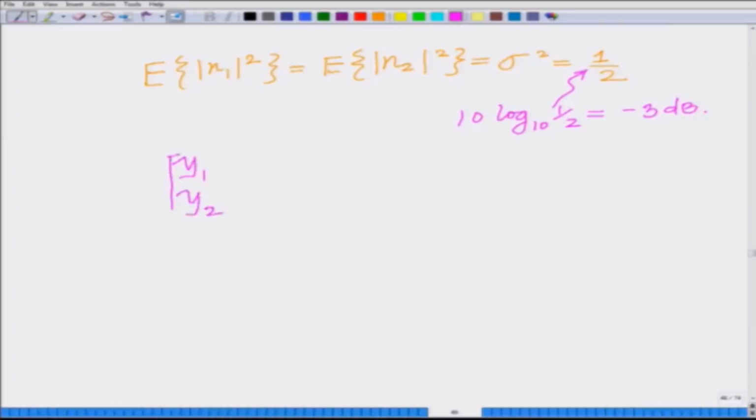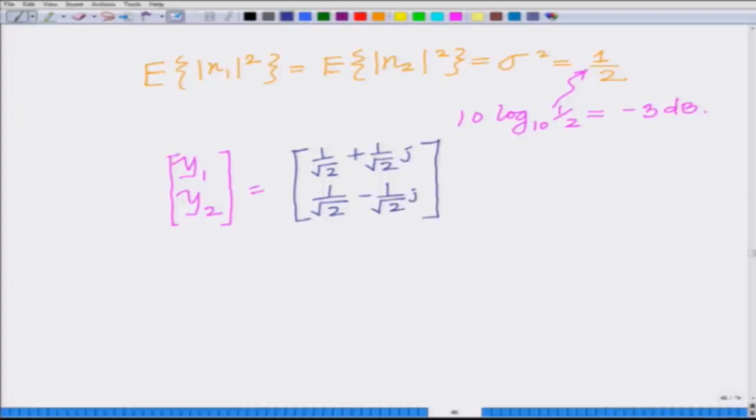Now, remember we represented this as a vector, that is y1 y2, denoted by vector y bar, which is the vector h bar, which is h1 h2, in this case 1 by square root of 2 plus 1 by square root of 2 j, 1 by square root of 2 minus 1 by square root of 2 j, times x plus n1 n2.